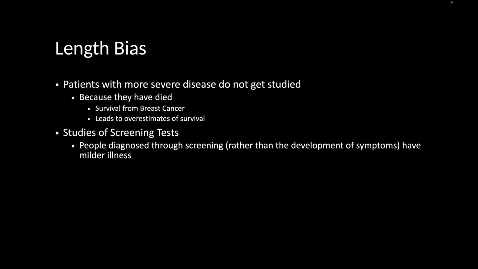Those patients are much more likely to have a very aggressive cancer. And so comparing people who are diagnosed through screening to those who are diagnosed through symptoms is comparing apples to oranges. And it leads to the perception, in this case, a bias that shows that screening is very effective. And often, by the way, it actually leads to the public perception that screening for breast cancer is very, very effective, whereas it is effective, but just less so than most people think it is.